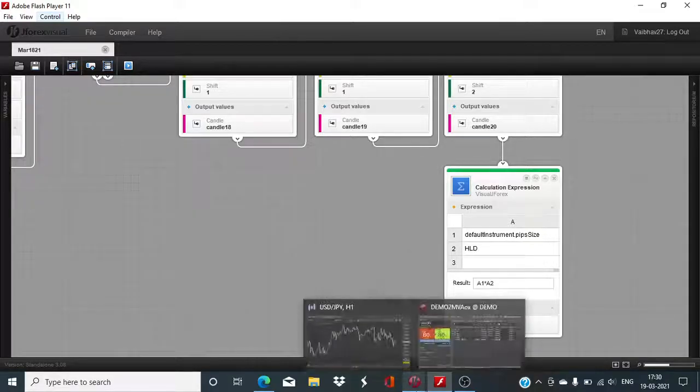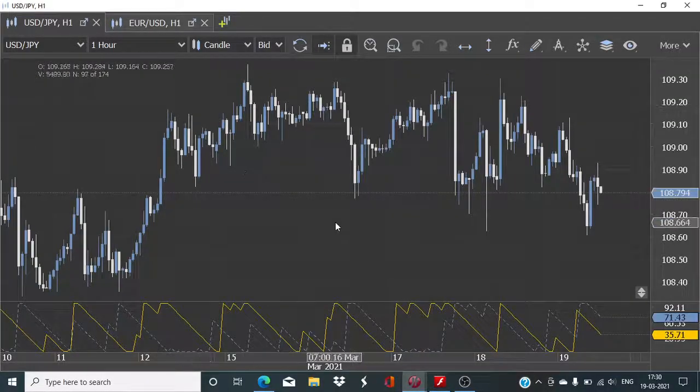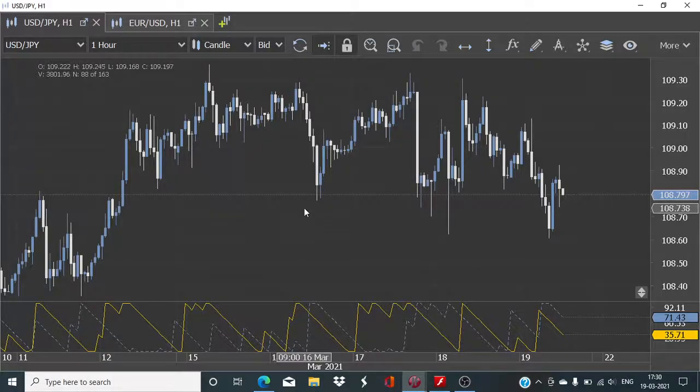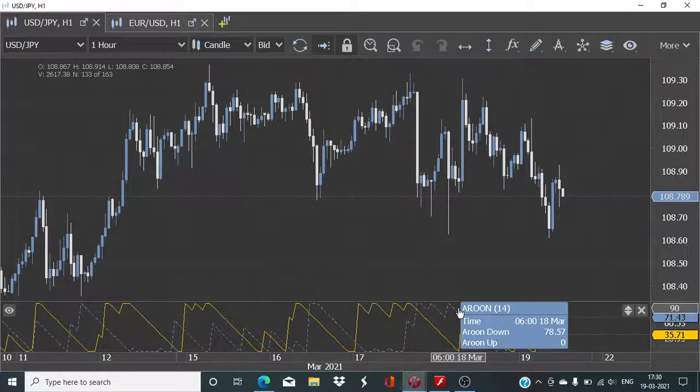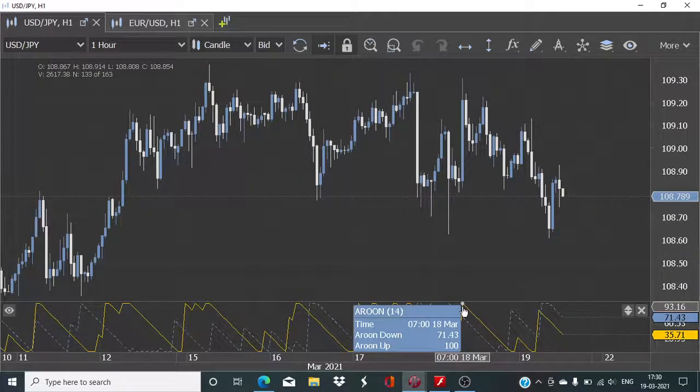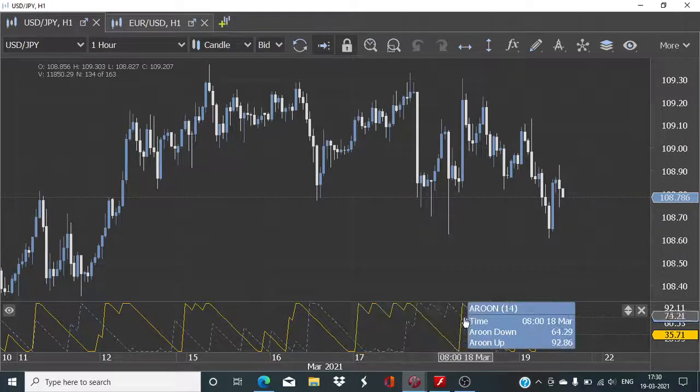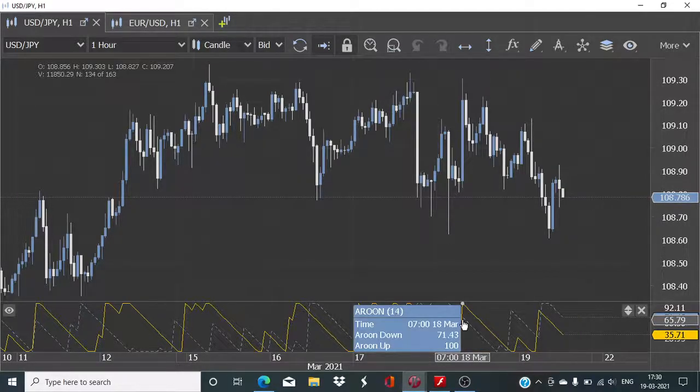Now in today's setup, we will start working where we had left off yesterday. For the buy trade to be initiated, we need the Aroon up value to be really up at 100, and at the same time it should have just crossed above the Aroon down.